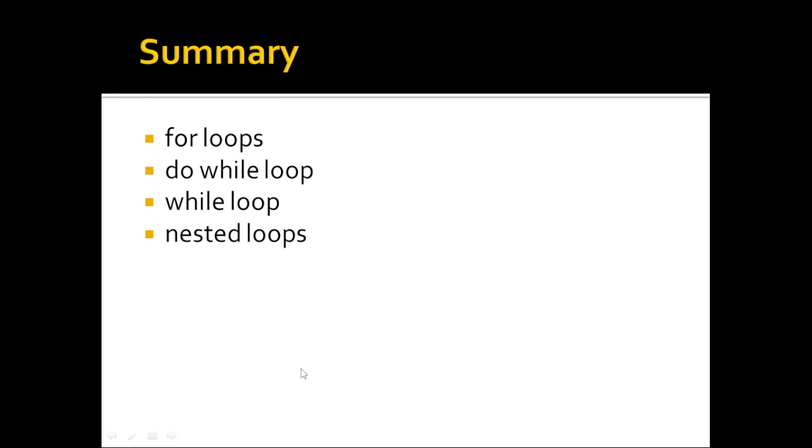And the do while loop is a post-test loop. That means the condition is tested after the block of code is executed, while in the while loop, the evaluation of the condition is done first before entering the loop.